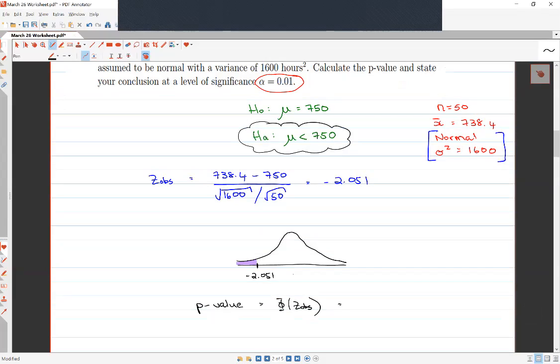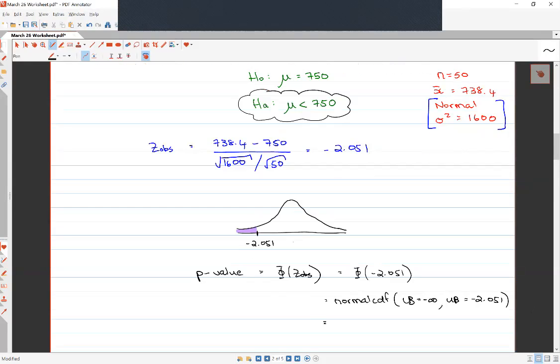So you're going to evaluate your normal CDF at -2.051. If you take your calculator, you evaluate normal CDF, lower bound of -infinity, upper bound of -2.051. That will give you a p-value of roughly 0.02.